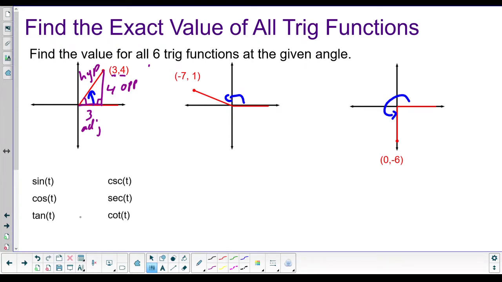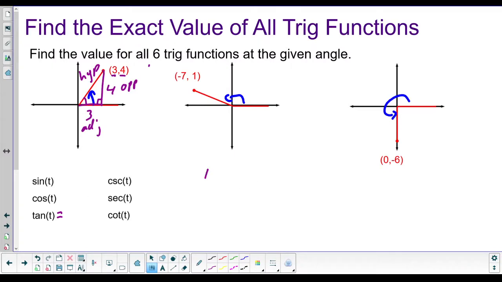Okay, there are 2 that we could do right now. Because we know the opposite side and the adjacent side before doing the Pythagorean theorem, we could fill out the trig functions that only depend on the opposite and adjacent sides, which are tangent and cotangent.